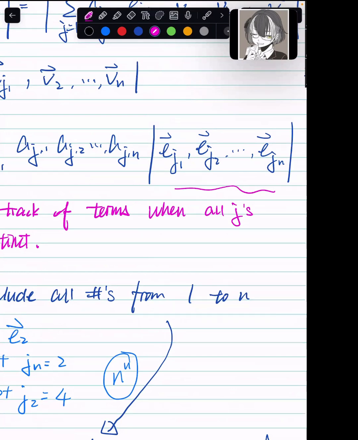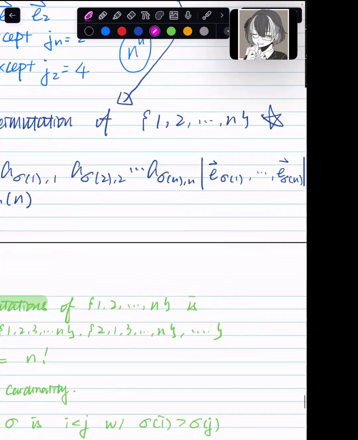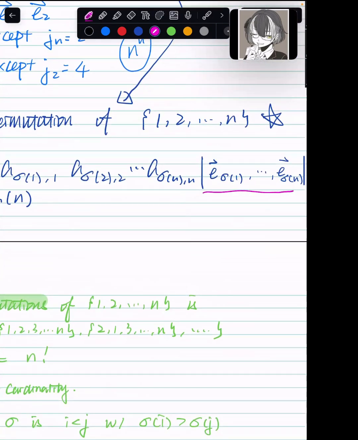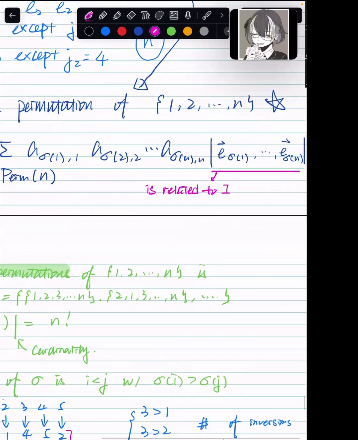So we say it's related to I by some column interchanges, or column swaps.